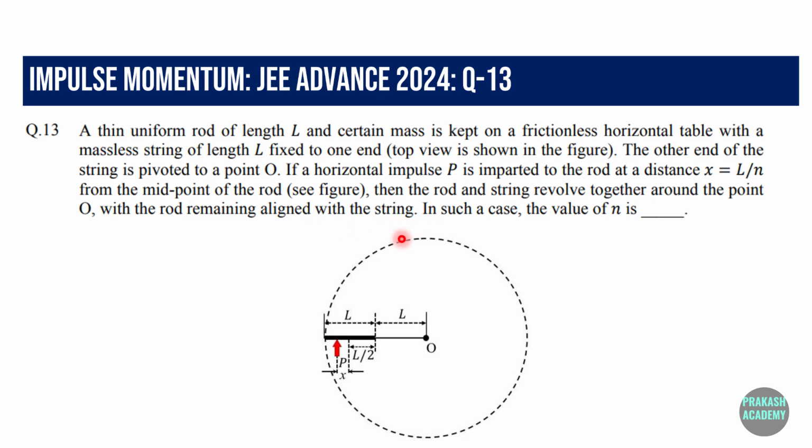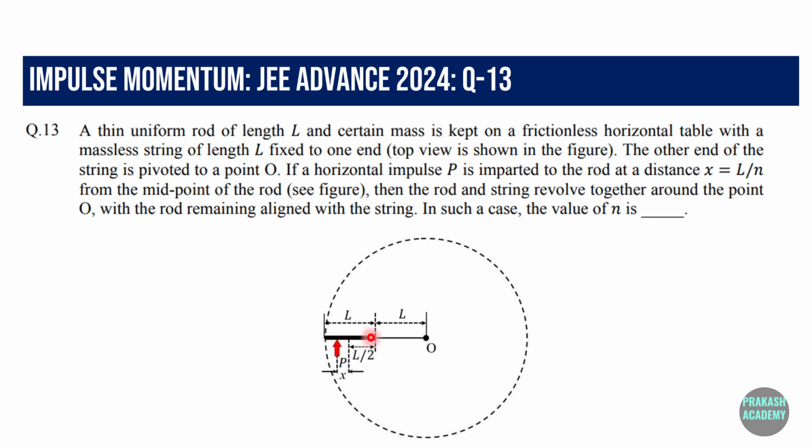So what is happening? If we apply an impulse P at a distance x from the midpoint of the rod, and x is equal to L by N, then this whole system moves in a circle, and the rod and string remain aligned.